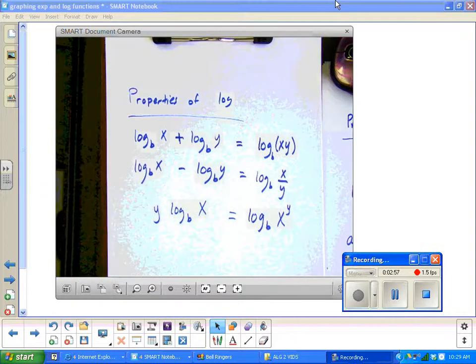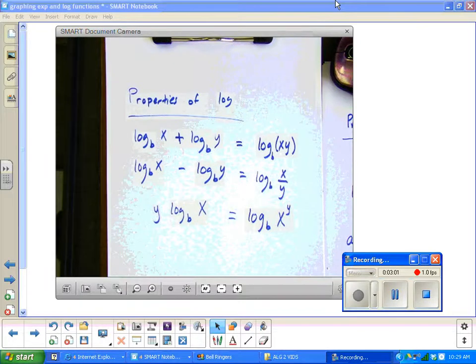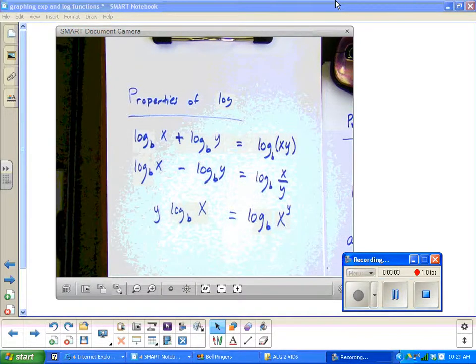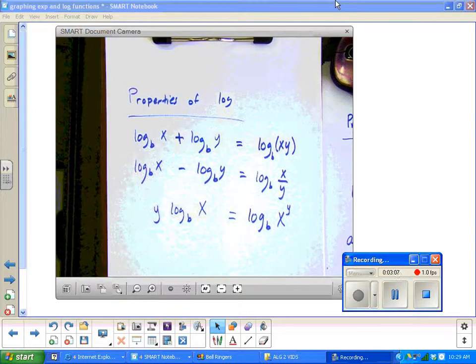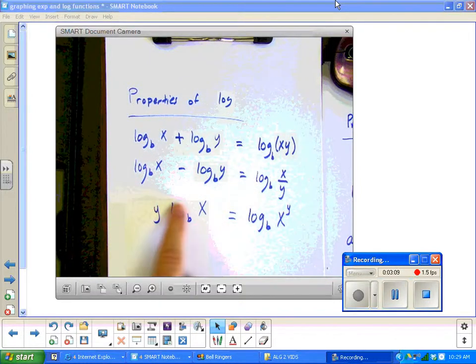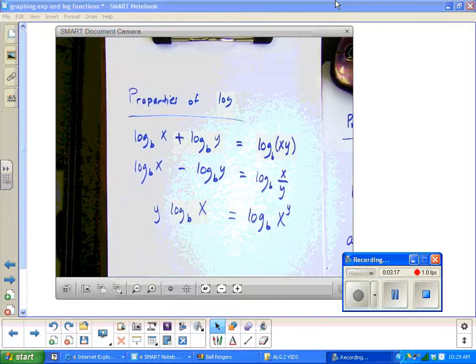Now, we're going to do two things with these properties today. We're going to use them to condense a logarithmic expression or expand it. If I condense, that means I'm going to start with two logarithms and squeeze them down into one by using my properties.